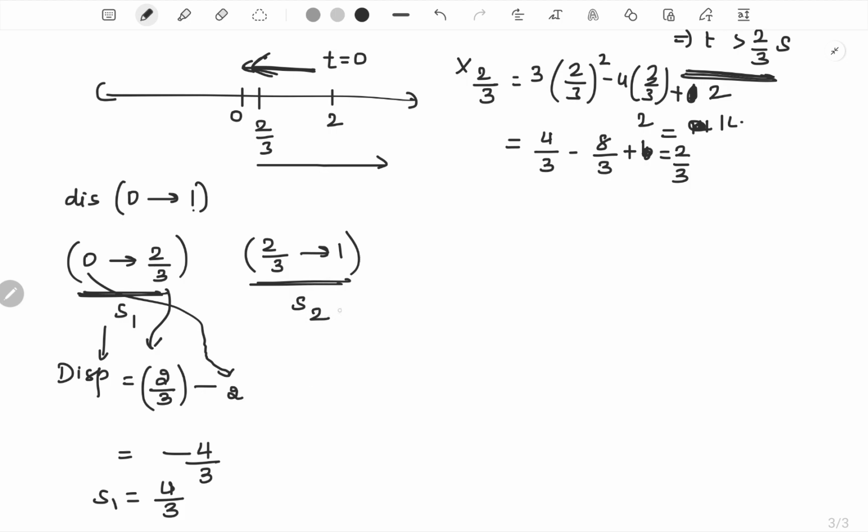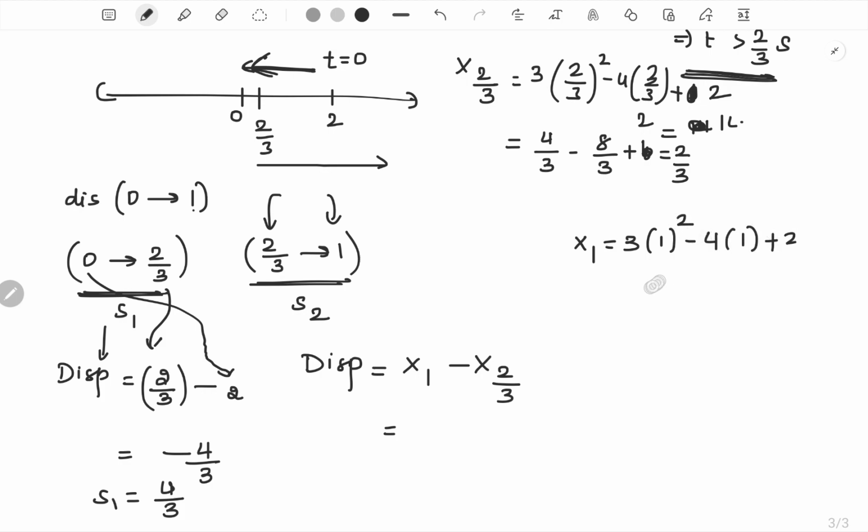Now let's calculate displacement in the interval 2 by 3 to 1, which would be the distance traveled in that time. So first, displacement between t is equal to 2 by 3 to t is equal to 1 is nothing but position at 1 minus position at 2 by 3. The position at 1 is given by 3 into 1 square minus 4 into 1 plus 2, which is equal to 5 minus 4, 1.